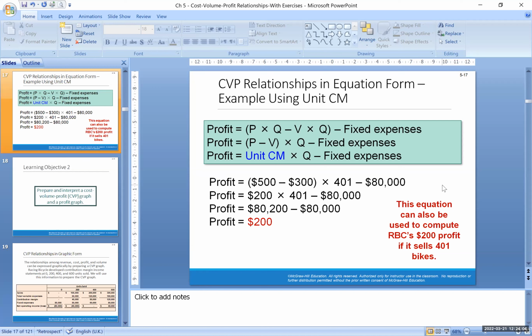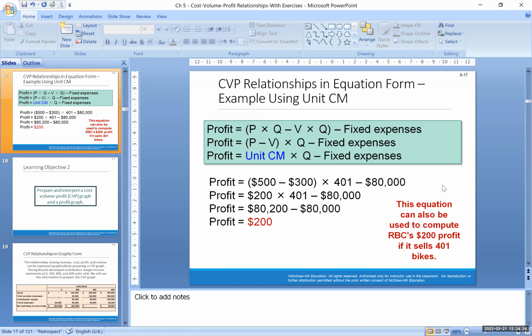If we apply our numbers here, then the unit contribution margin is 200 times the quantity that we are selling, which is 401 units, all minus total fixed costs, equals the profit.